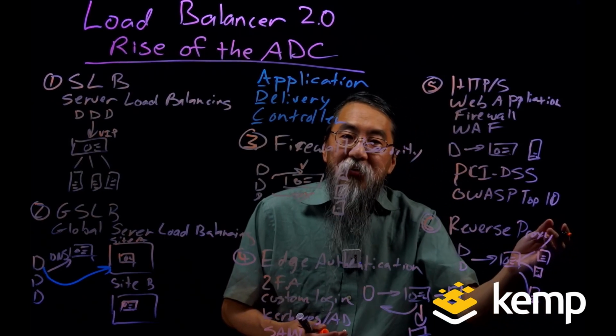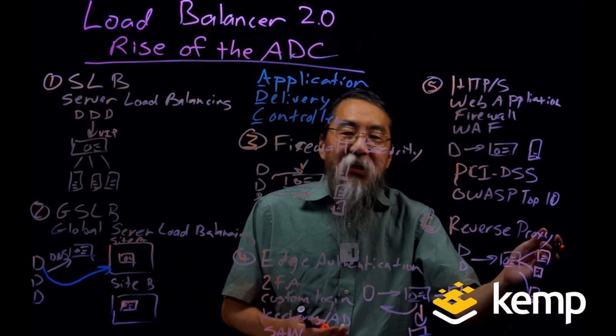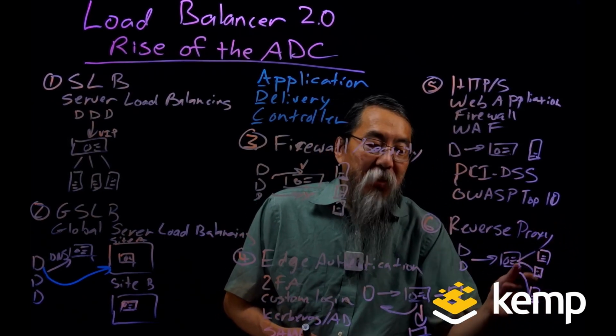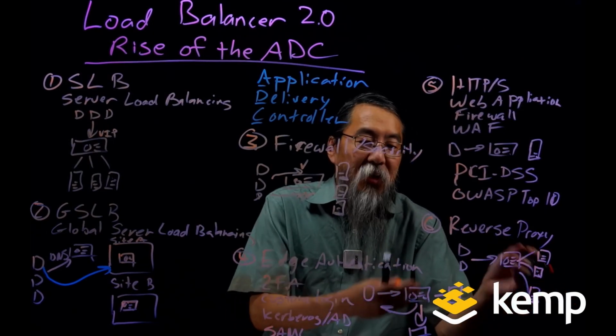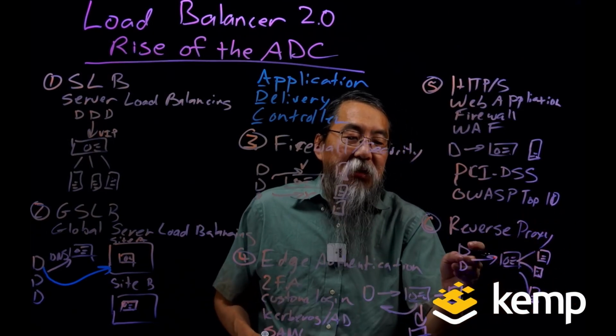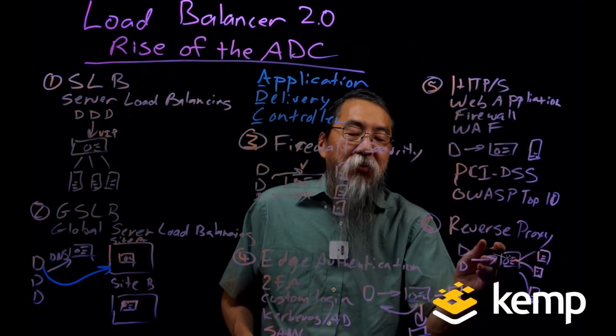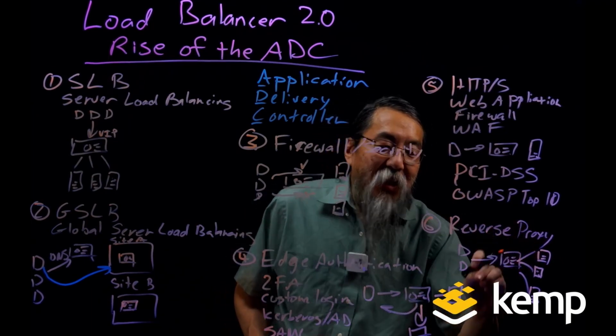One might be a web server. Another one might be storage. One might be a dynamic PHP or WordPress or something like that. Different types of servers and applications you can now access through the reverse proxy that's acting as a security gateway into these applications.